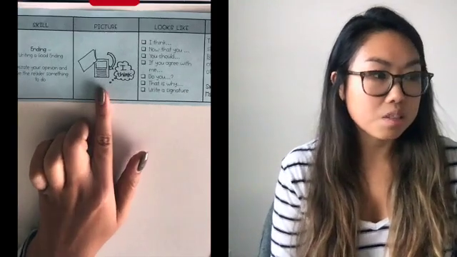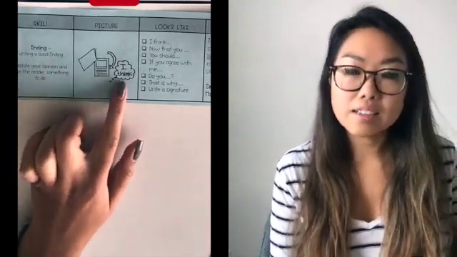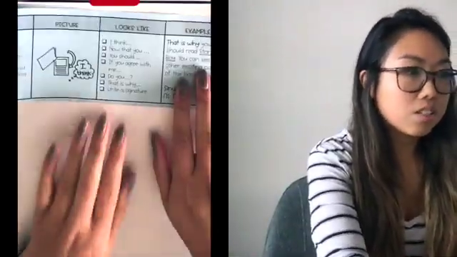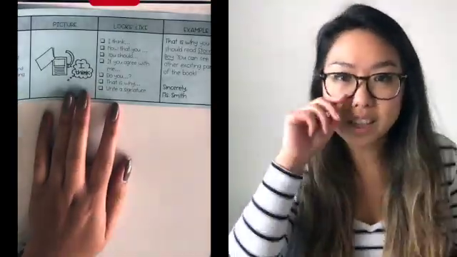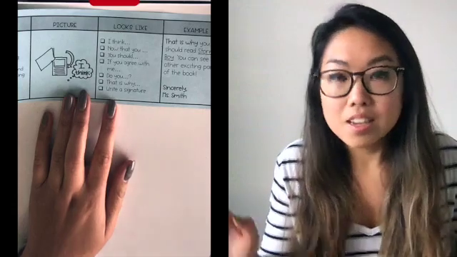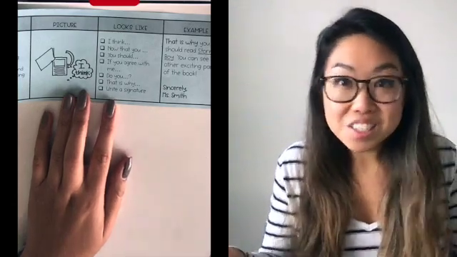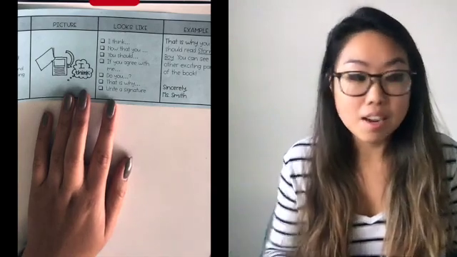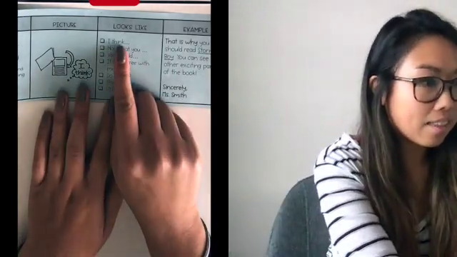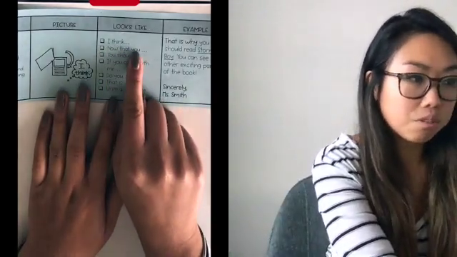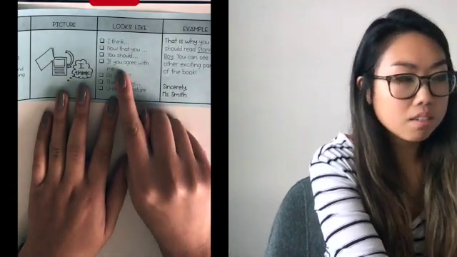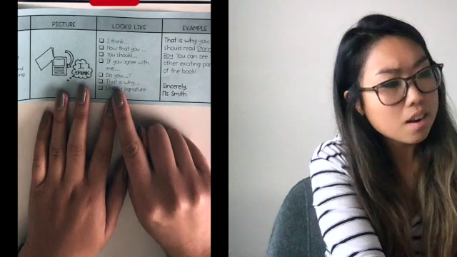You can see there's this picture and it's saying, I think. That's us restating our opinion. So let's look at what this could look like. Remember, these are options. If you don't use one of these, that is okay. They're ways to give us ideas. You could write, I think, now that you know, you should, if you agree with me, do you, that is why.